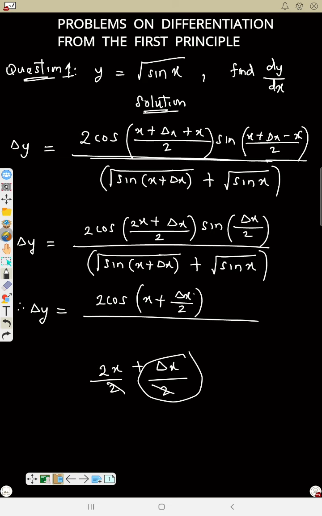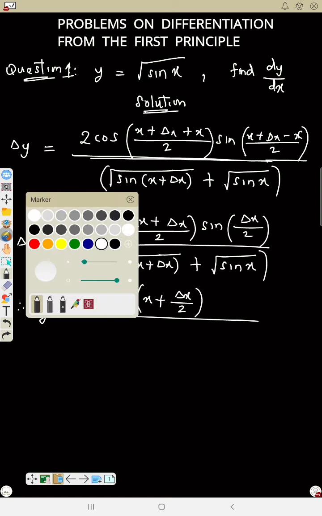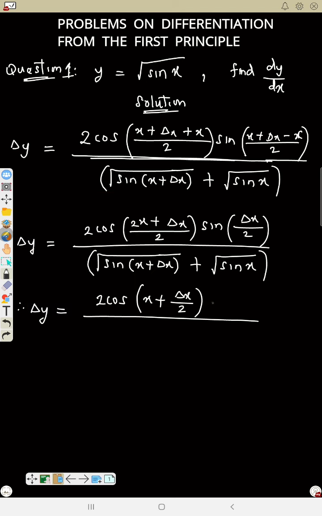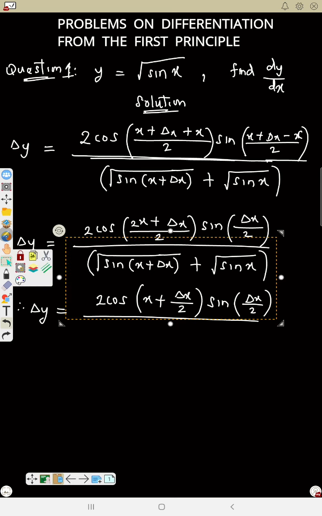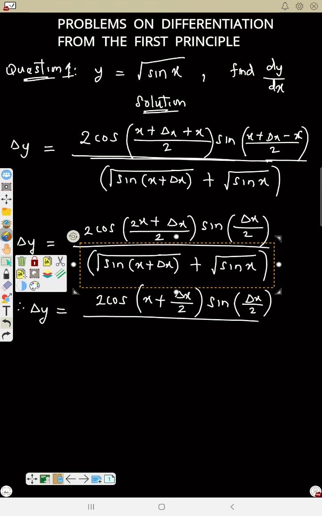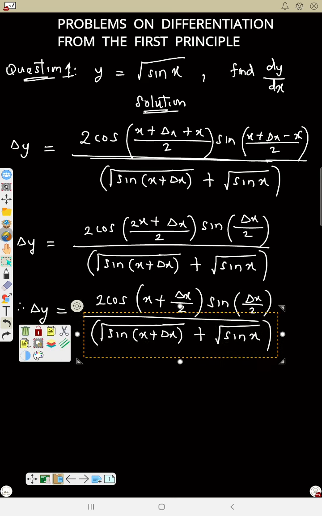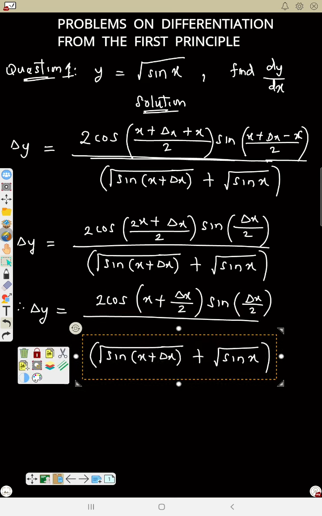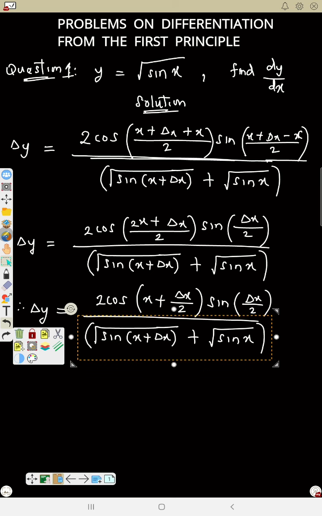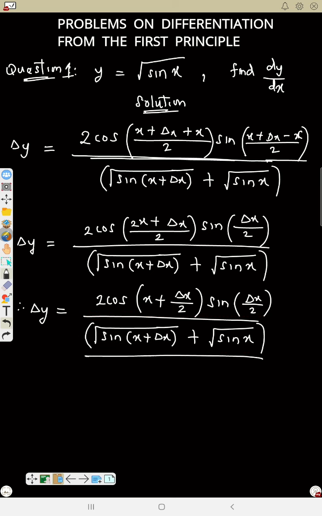Again, this one cannot cancel, so we write it like that, delta x over 2, sine of delta x over 2. This will remain the same, so divided by the same denominator. You see, I'm rewriting the denominator, so you don't need to touch that one.